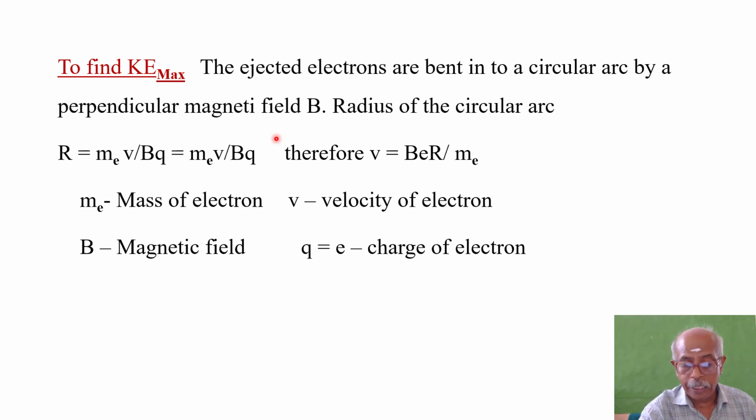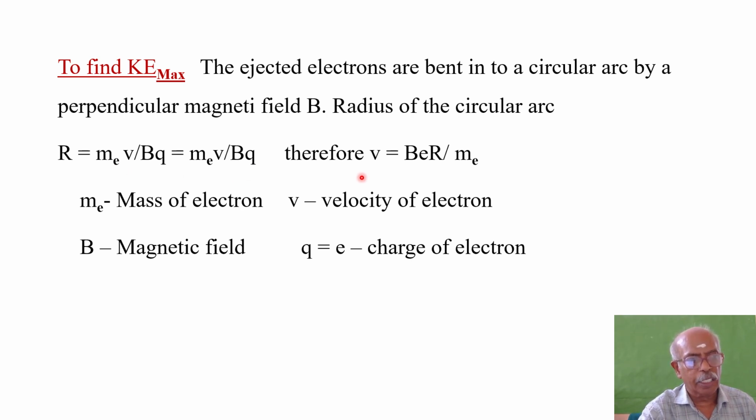You have studied the cyclotron and all such things, so you know the circular path of a charged particle under a perpendicular magnetic field. The radius of the circular path is equal to mv by BQ, where m is the mass of the electron, v is the velocity of the electron, B is the magnetic field, and Q is the charge of the electron. So r is equal to m_e v divided by BQ.